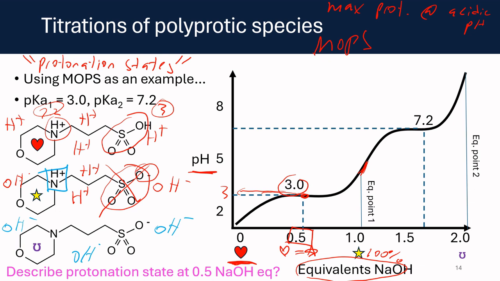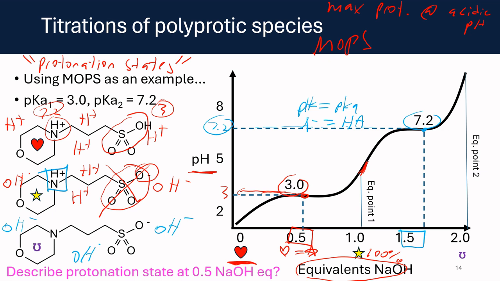And if we ask ourselves what happens at 1.5 equivalents of sodium hydroxide, follow the line up, and look, we're in the middle of the plateau region, and this corresponds to 7.2 on the pH axis. And when pH equals pKa, A minus equals HA.